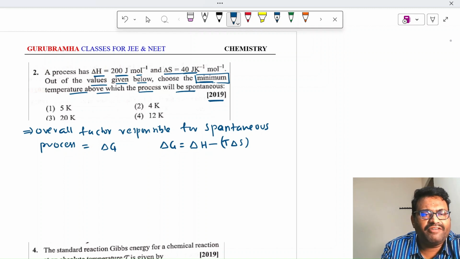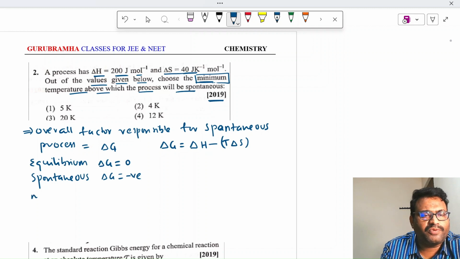And we have studied that for a process at equilibrium, delta G is equal to 0. For a process to be spontaneous, delta G is negative.